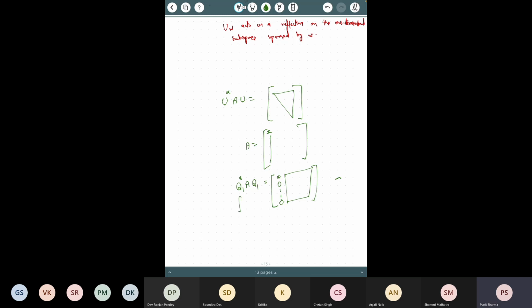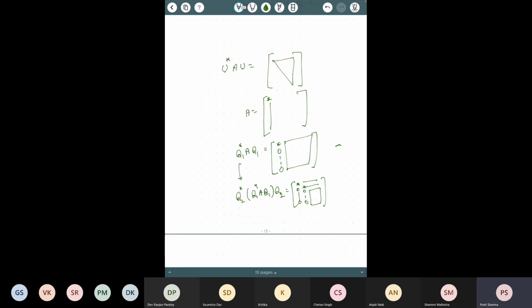In the second step, you again find Q2 such that when you apply Q2 on this matrix, you create zeros in the second column. You should do it in such a way that the zeros which are already created are not disturbed when you apply Q2.